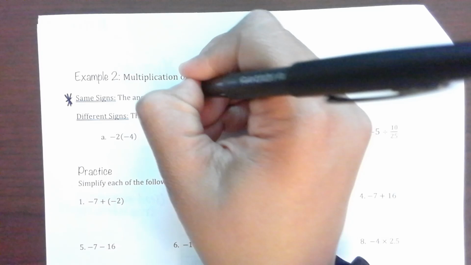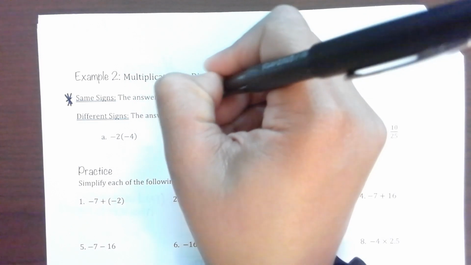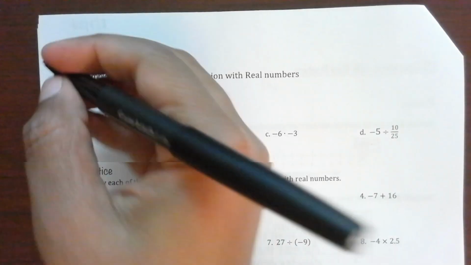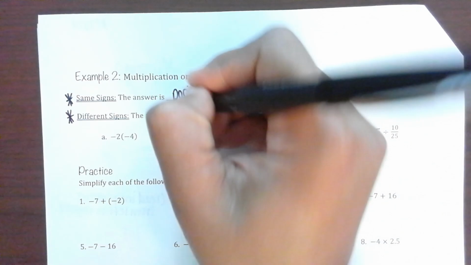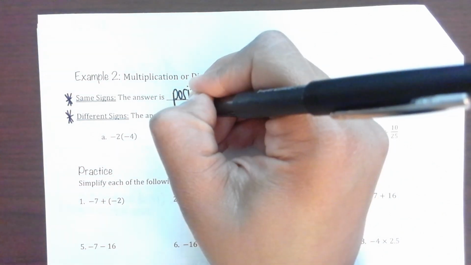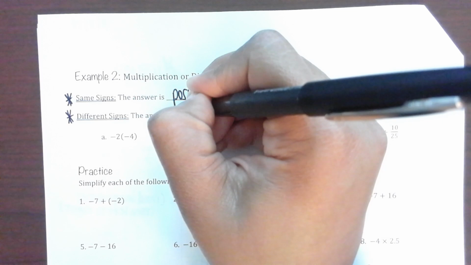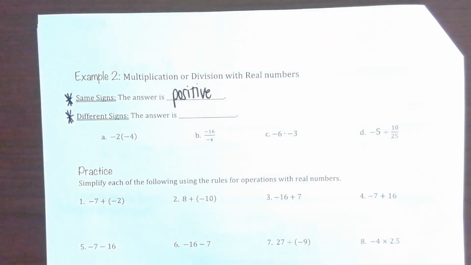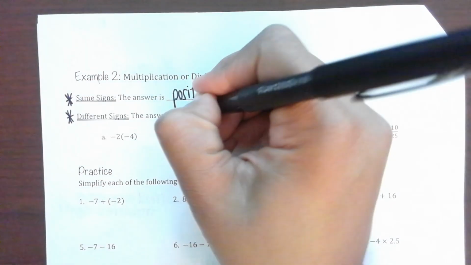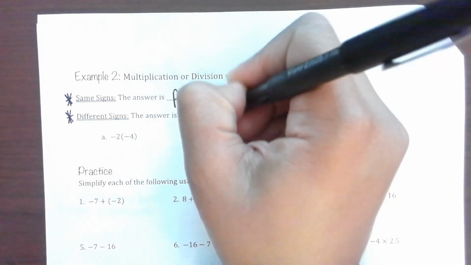Does not matter if they're both negative or if they're both positive. Different signs, the answer is always negative. Because if they're opposite of each other, a negative times a positive will always get you a negative. So if there's different signs, always negative, okay?